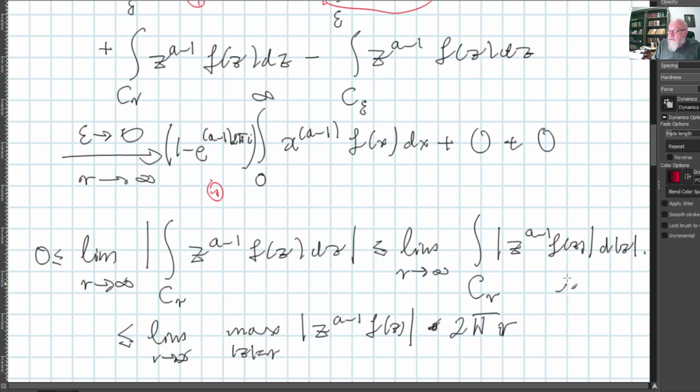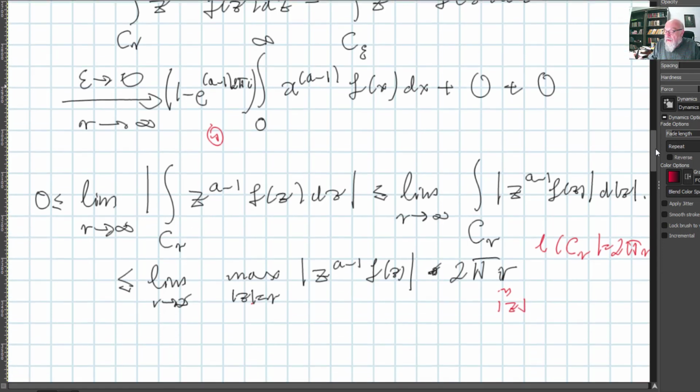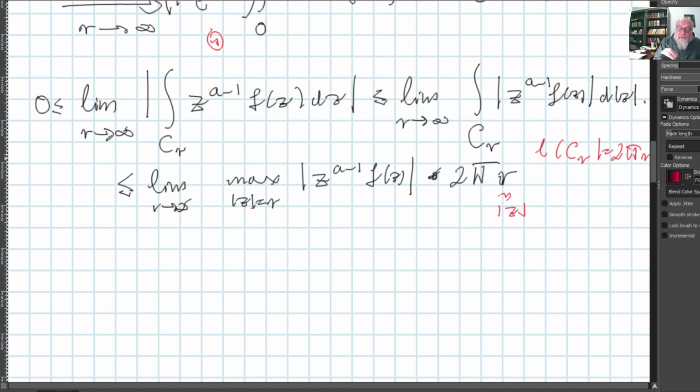That's the length of the circle. So the length of the circle CR is equal to 2 pi r. Of course, remember that if you put this one inside this limit, this is the same as a modulus of z, so I can just simply rewrite it, put here like this.